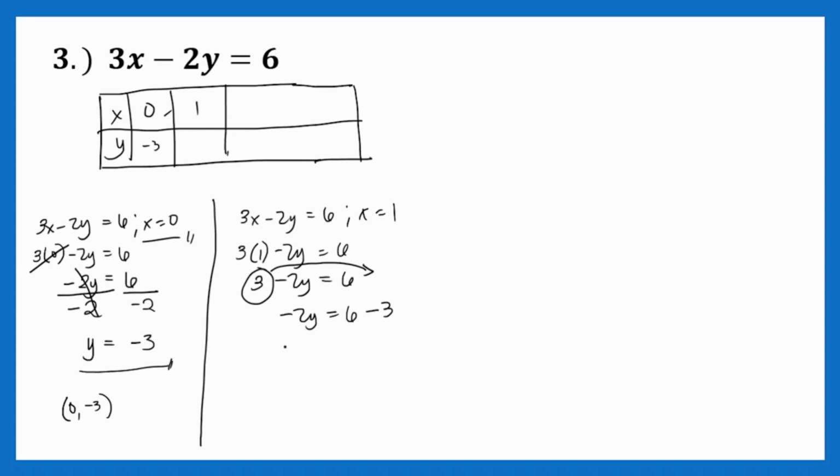So what will happen? We have negative 2y is equal to 6 minus 3. The answer would be positive 3. Pero may negative 2 pa. Diba? You have to divide that by the number beside y. Kung ano man yung number na katabi ng y, siya yung divisor natin lagi. So, tanggal natin yan. So, we have y is equal to negative 3 over 2. Ibig sabihin, fraction ito.